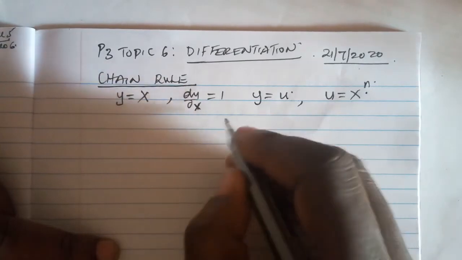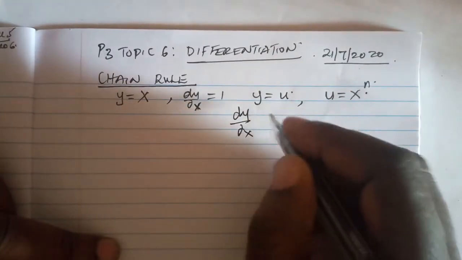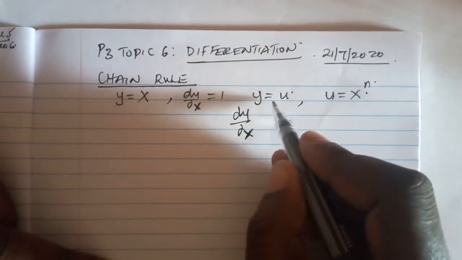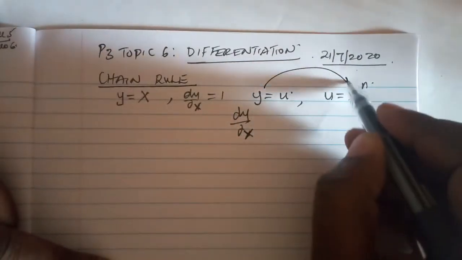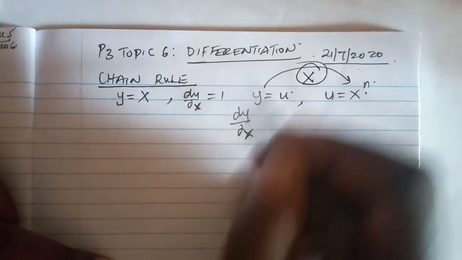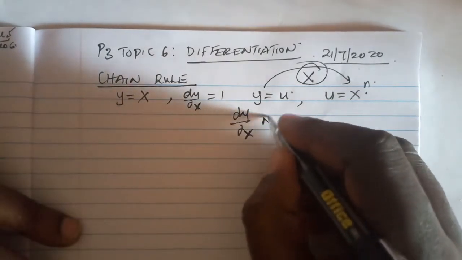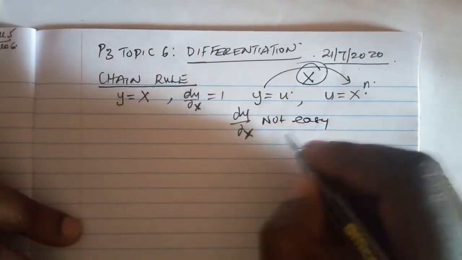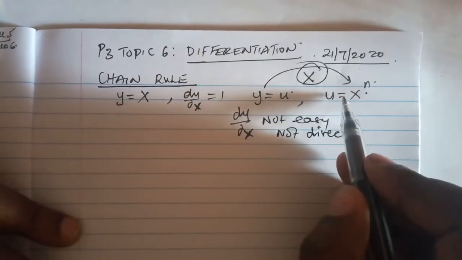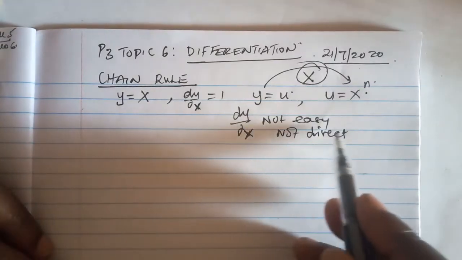But then you see that you cannot get dy dx as directly, because we do not have a situation whereby y is equal to x itself. That one does not exist. So it is not easy to find dy dx, because y is not directly related to x.